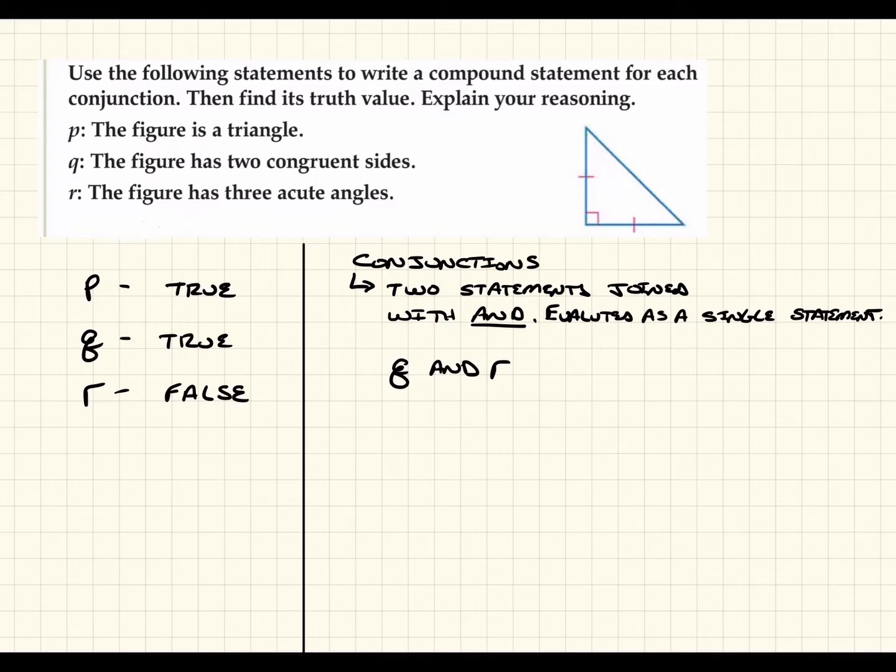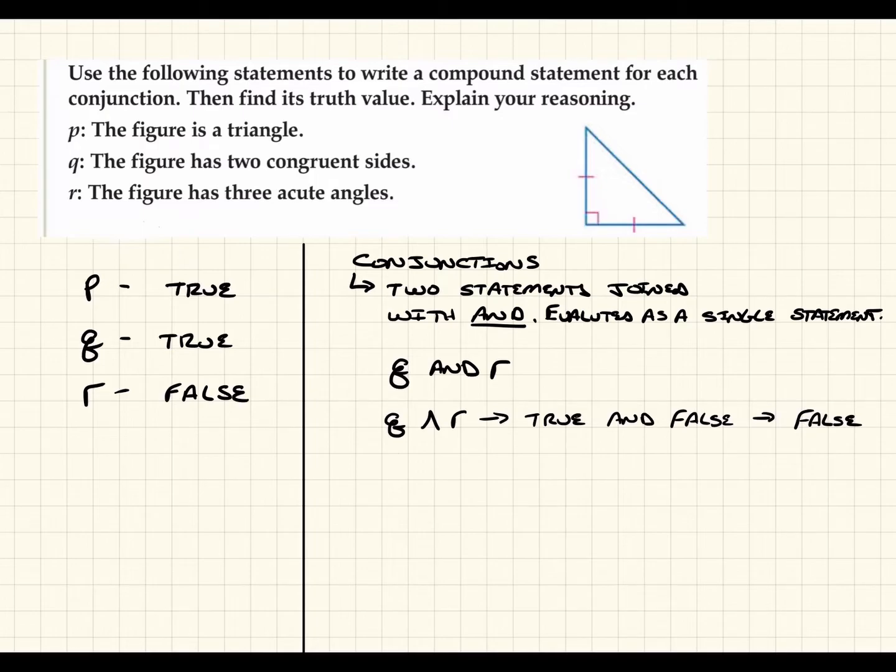If we make a conjunction out of statements Q and R, it would read something along the lines of "the figure has two congruent sides and the figure has three acute angles." Again, we can shorthand that by writing Q, caret, R. We had determined that statement Q is true, but statement R is false.